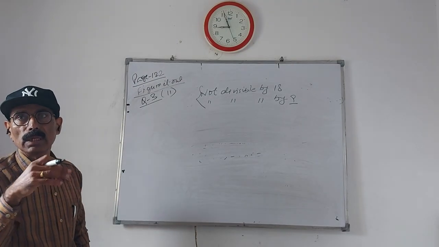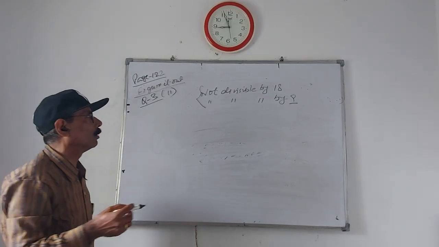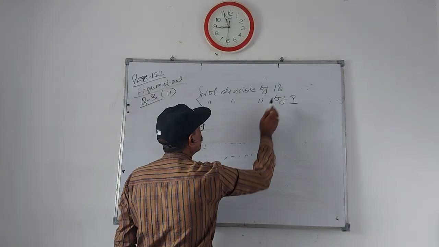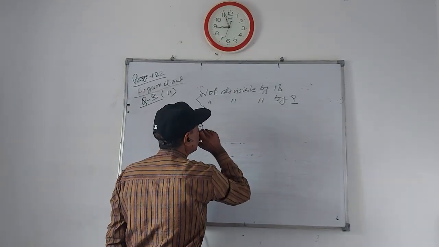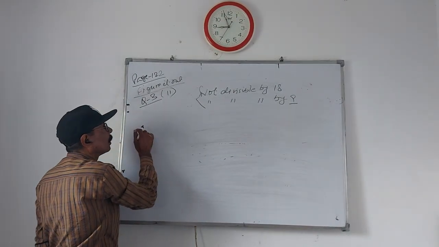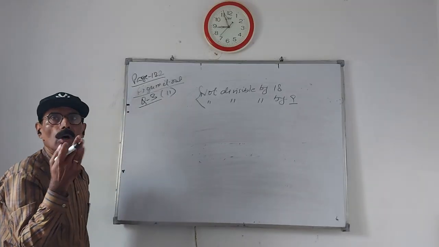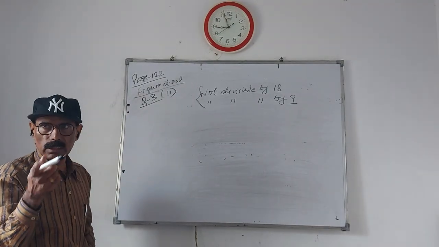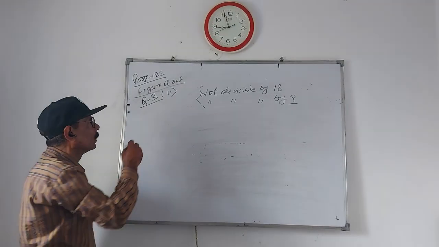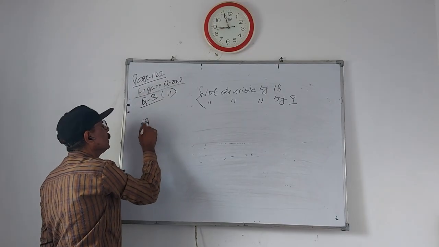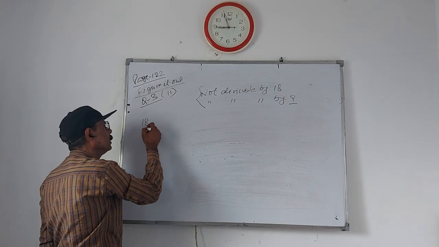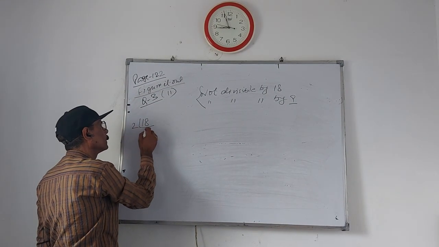First we have to check how a number is divisible by 18, then we can check it is not divisible. Any number divisible by 18, how can you check it?